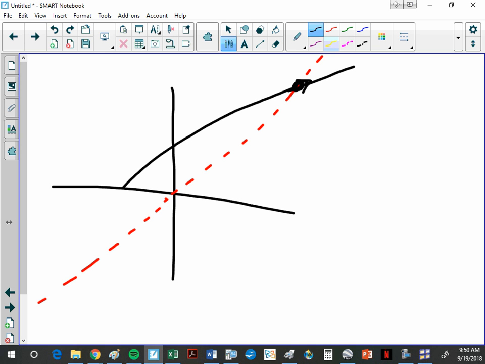Okay? If you pick any other point, like this one, draw a line straight to the line y equals x, so that it's at a right angle, and then reflect that point over it. So this point is going to reflect to here. This point is going to reflect to here.